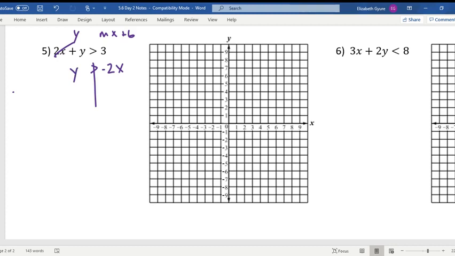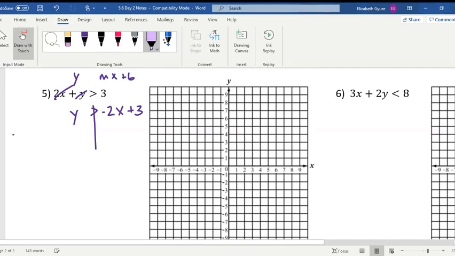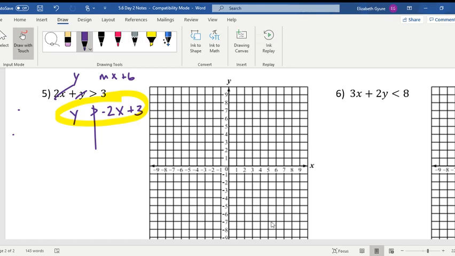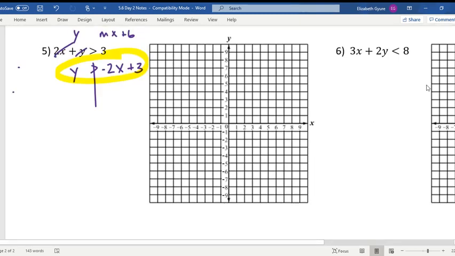And then, Aaron, do you think the 3 is good where it is, or does it need to move somewhere else? It is good where it is, so put your plus 3. So this is our new inequality here. y is greater than negative 2x plus 3.